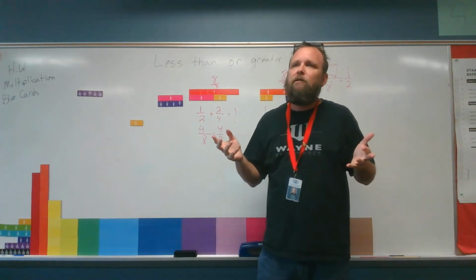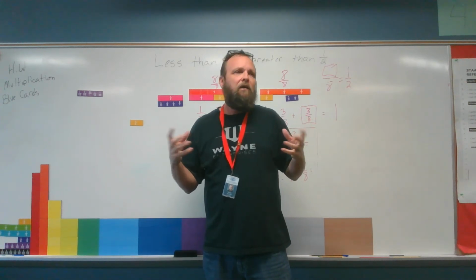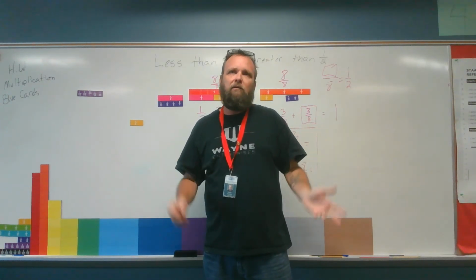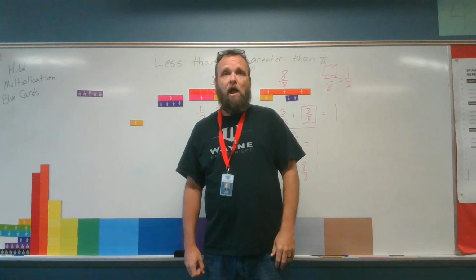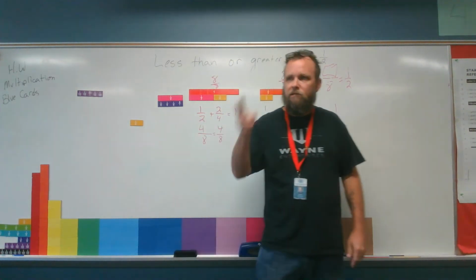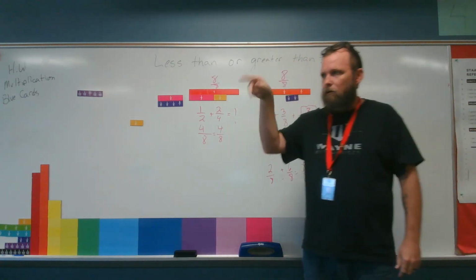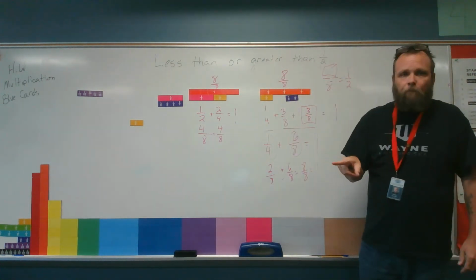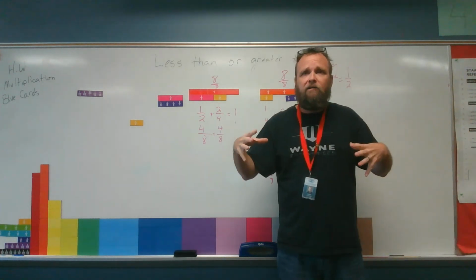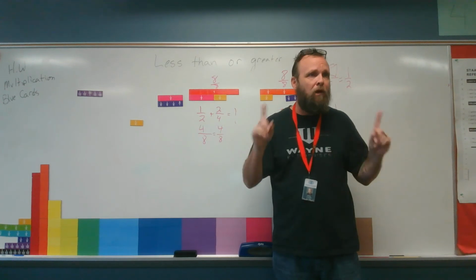See, you guys are smarter than a lot of the students I've had, because I sometimes ask a question, she ate a dozen eggs, and they'll say, I don't know what a dozen means. You guys are smart. So if you ate a whole dozen of eggs, 12 out of 12 equals 1.